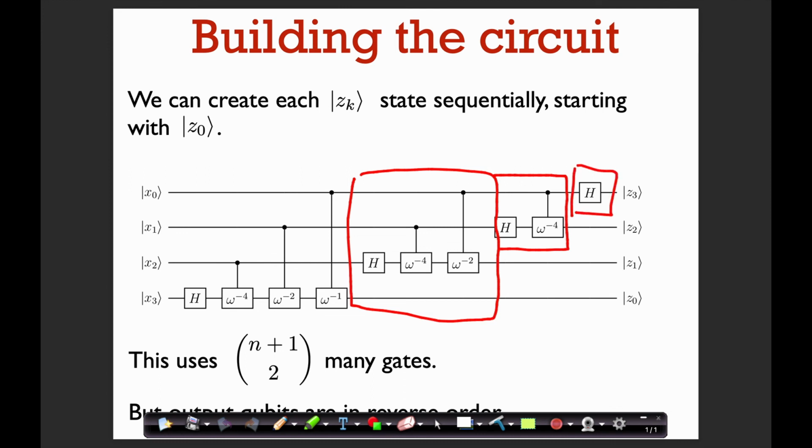Okay. And you see that this circuit block takes 1 gate, then 2 gates, then 3 gates, then 4 gates, right? So just as we said on the last slide, to create z_k takes n-k gates. So the total number of gates is just 1 plus 2 plus 3 up to n, which is n plus 1 choose 2.